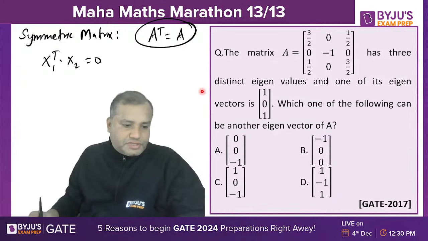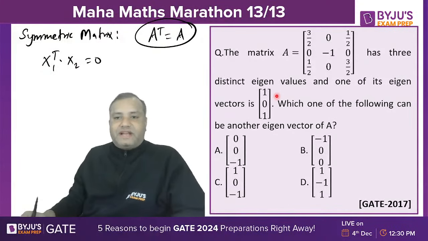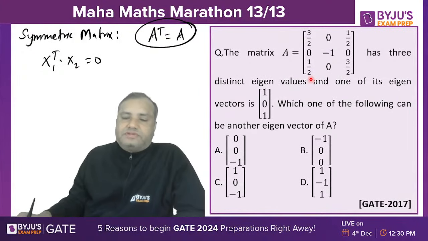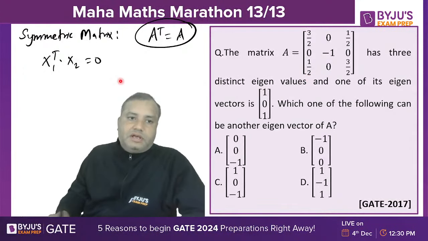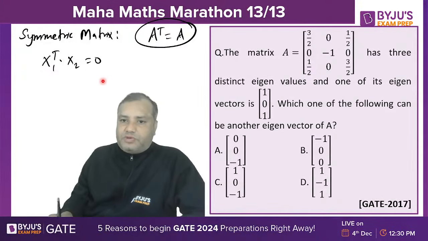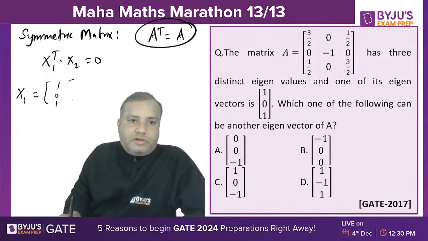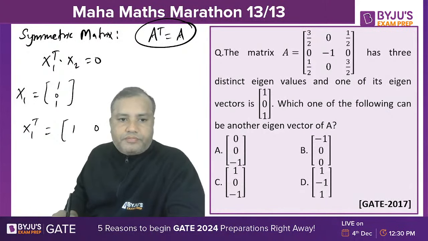Yes, we need to go by options only. What I said: if a symmetric matrix has a distinct set of eigenvalues, then its corresponding eigenvectors are mutually orthogonal. So x1 transpose into x2 will be 0. Let us say x1 is 1 0 1. So x1 transpose is 1 0 1 in the row form.